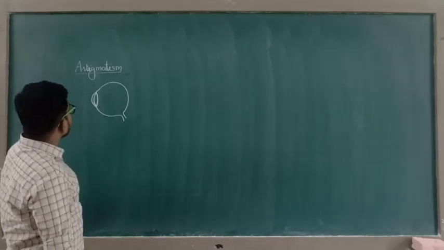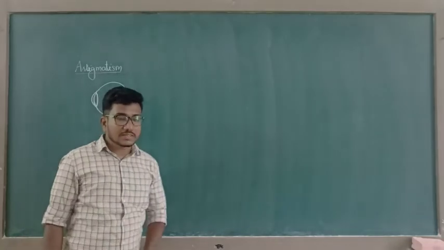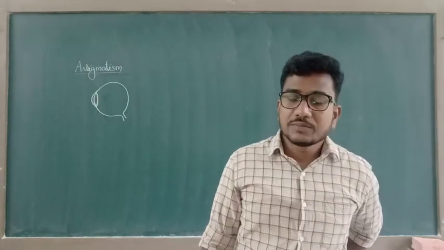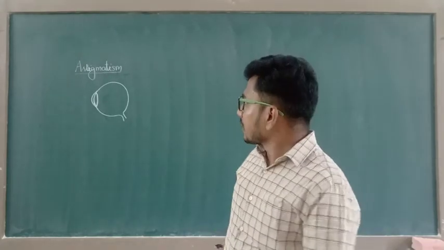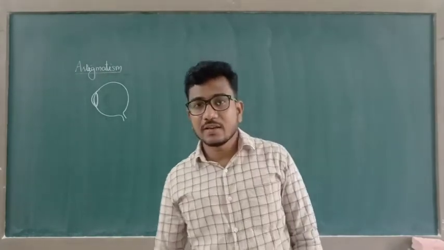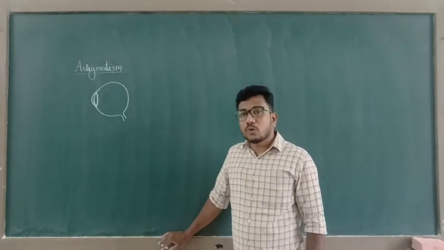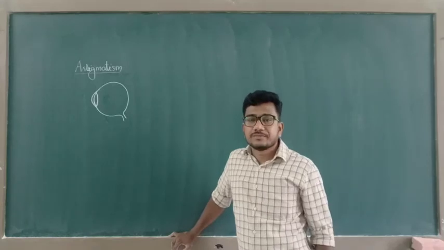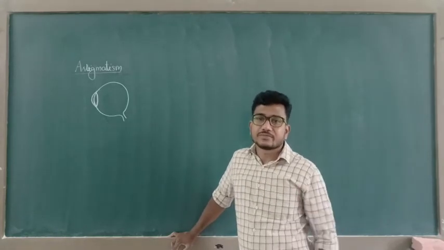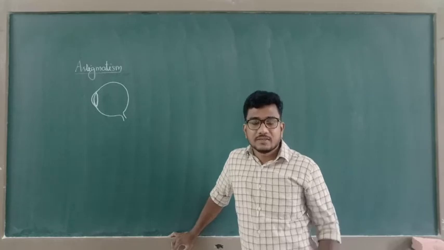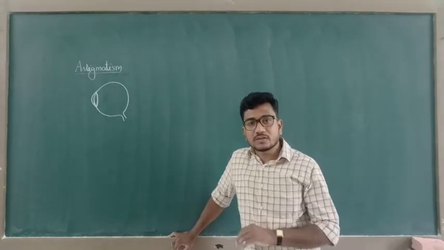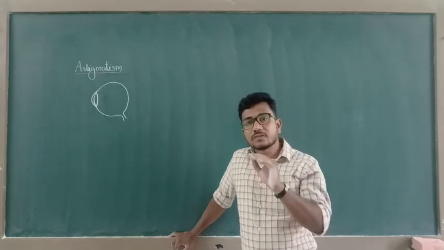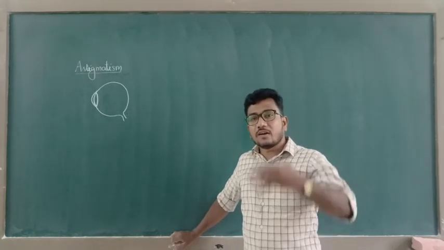So what is this astigmatism? Astigmatism is an eye defect due to which a person cannot simultaneously view both horizontal and vertical views of an object with the same clarity.